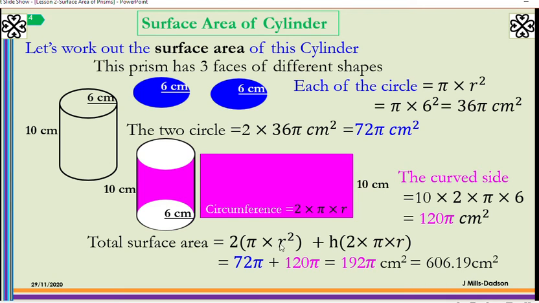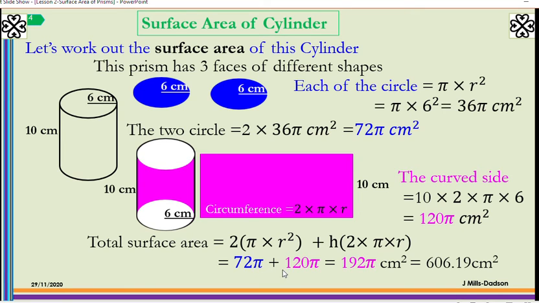Pi r squared times 2 represents the 2 circles. 2 pi r is the circumference times the h. This also represents the curved side. So in this formula, this side is the curved side. In this formula, this side is the 2 circles.